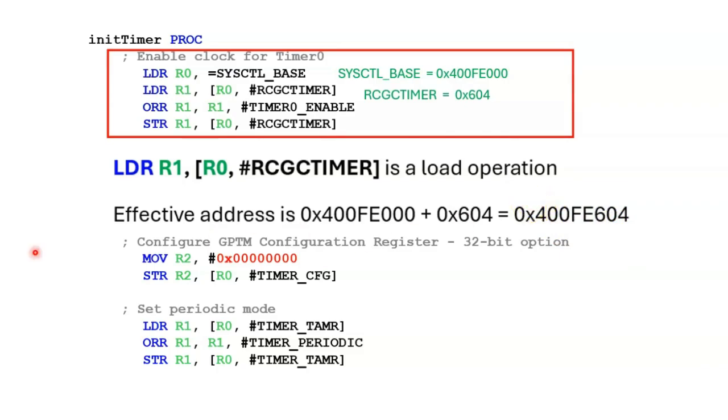All right, so this will load the current value at this location, the 400FE604 address, into R1.